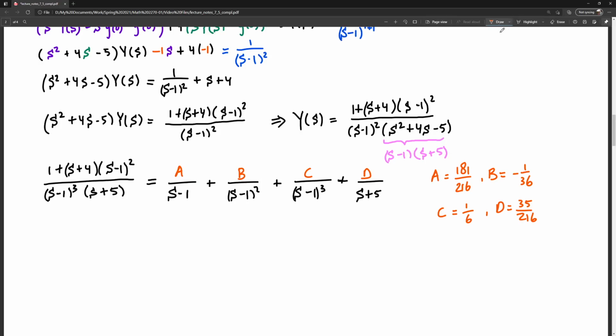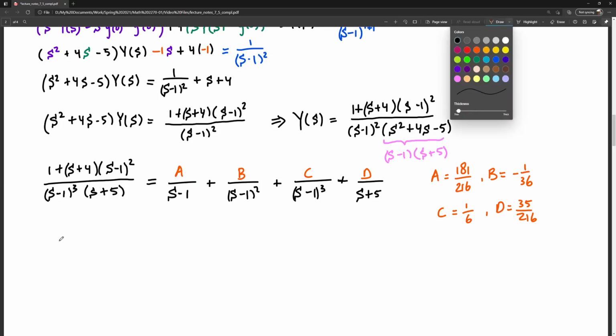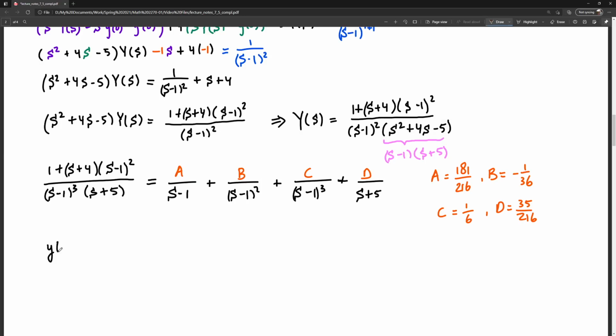And then finally, we have to find y of t, which is the inverse Laplace of Y of s. And so we take the inverse Laplace of this form, which is our Y of s.